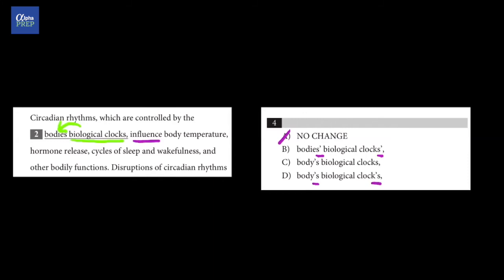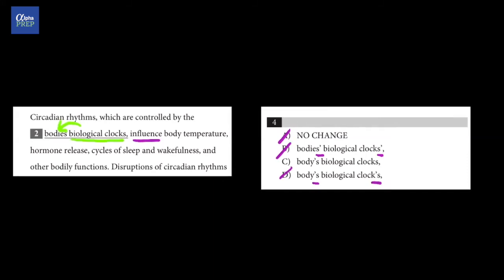Again, you can't possess a verb. So we can eliminate B and D. Answer choice C is all that's left, so that's our answer. So in this case, they're referring to one body possessing biological clocks. And the apostrophe should go before the S, so this is totally correct.